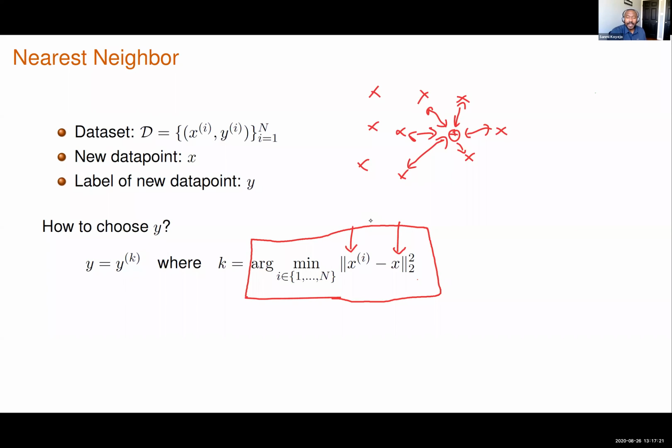I'm attempting to avoid too much clutter. And then I'm going to find the point that's closest. So say it's that point. And then I'm going to look up the label for that point, which is this step here. And that becomes my label for that particular data point.